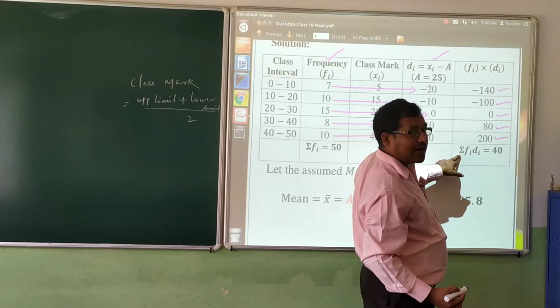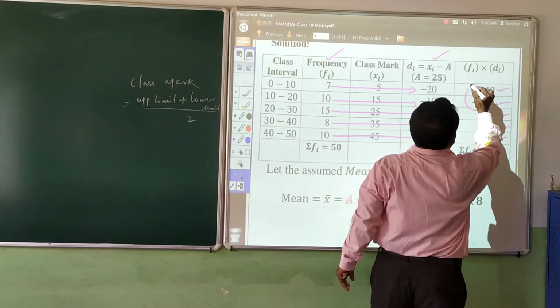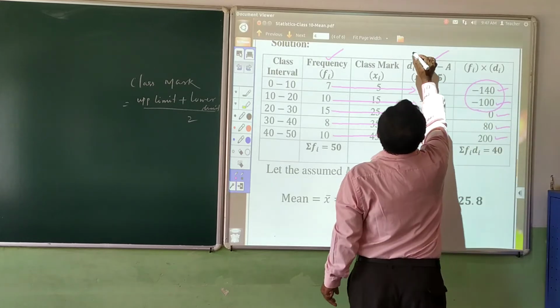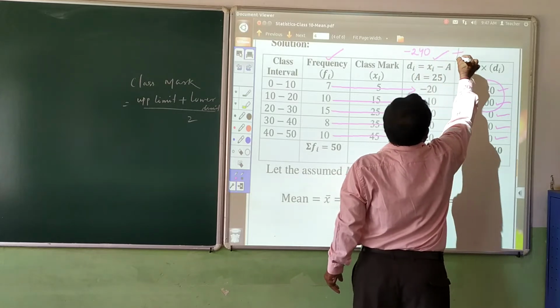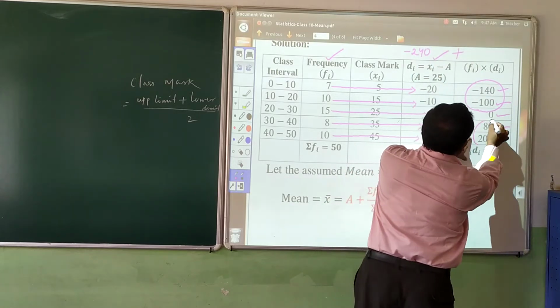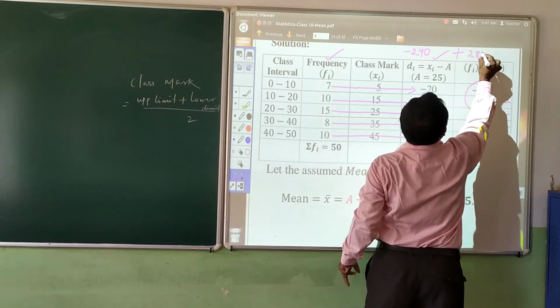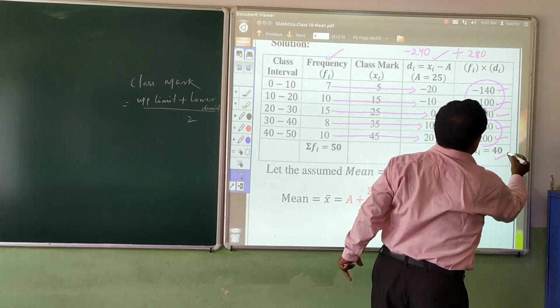That means you write sigma fi di. First you add the negative numbers. Minus 140 minus 100 becomes minus 240. Then add the positive numbers, 80 plus 200, that means plus 280. So minus 240 plus 280 is plus 40.